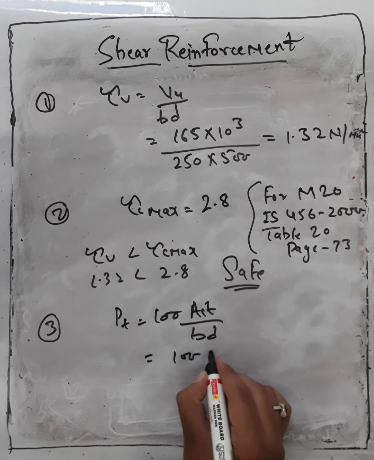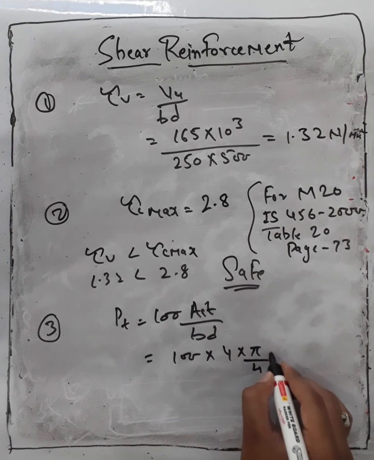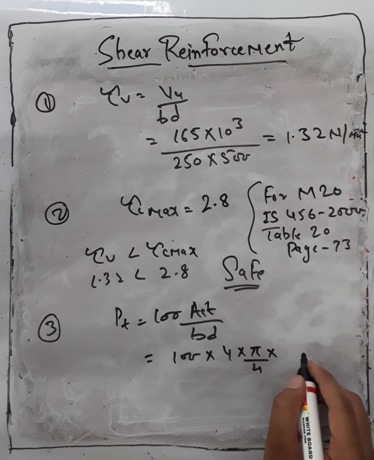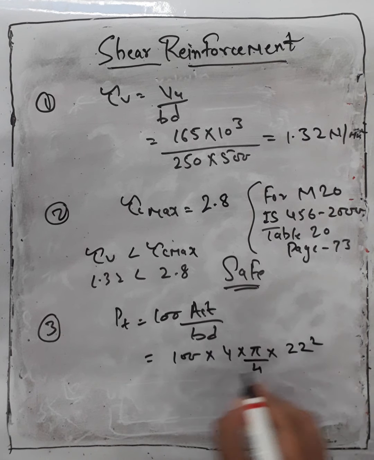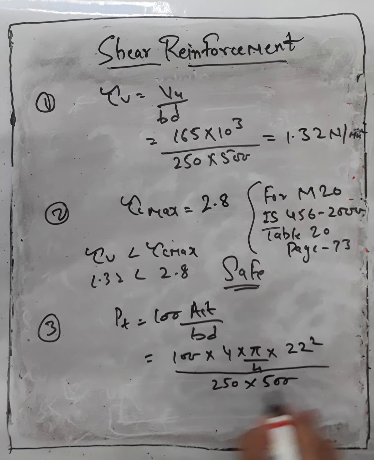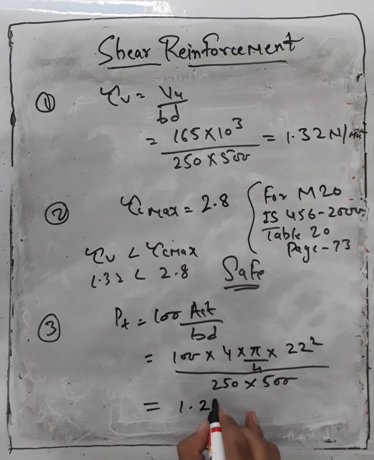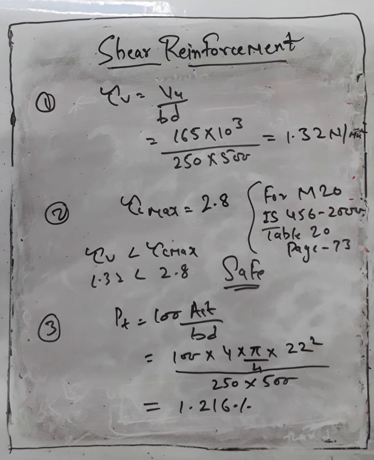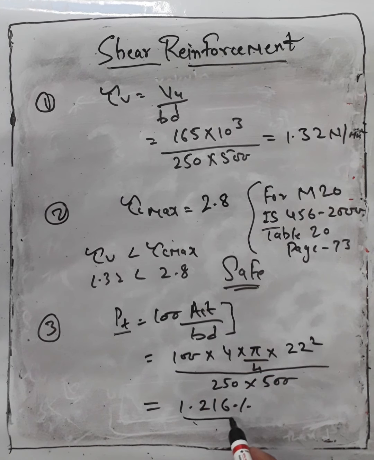So 100 into AST, where AST is 4 numbers of 22 mm dia, divided by 250 into 500. After solving this, you get 1.216%. If PT is not given directly, you have to find it with the help of this formula.